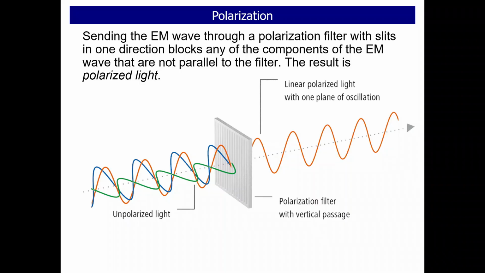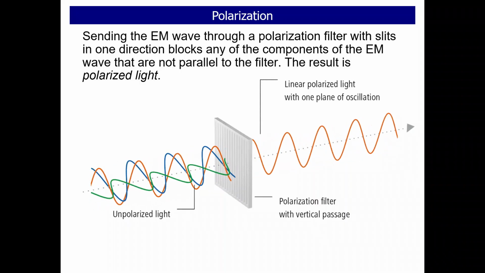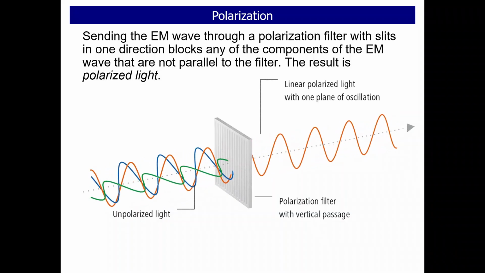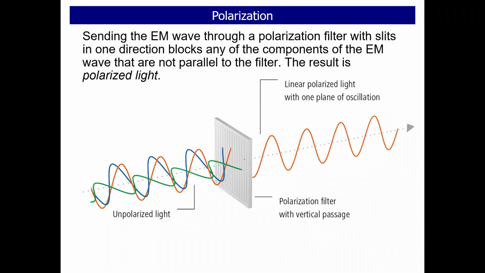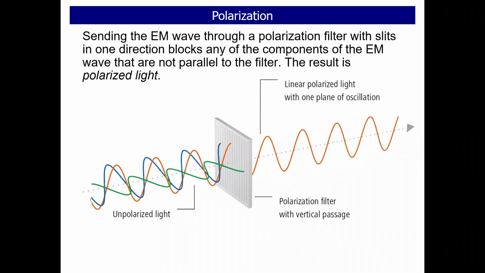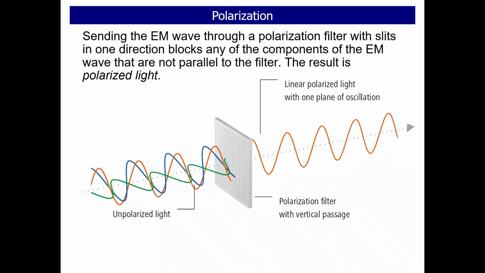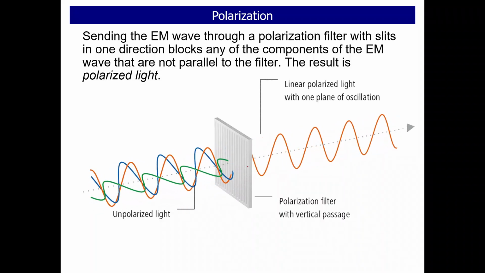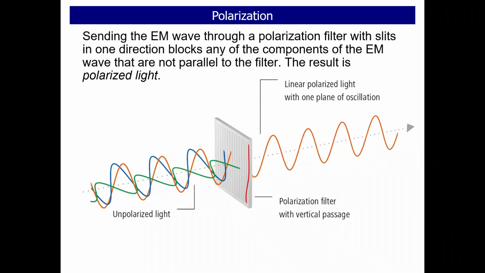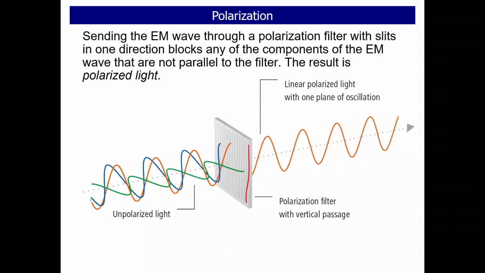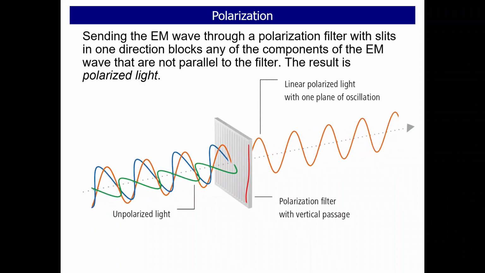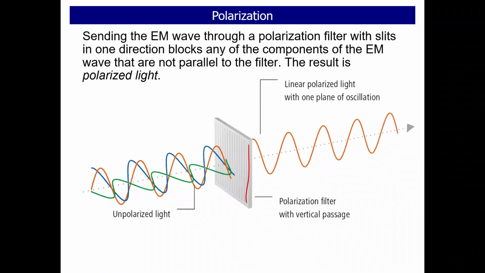So we've got this crazy unpolarized light that is coming through, and what ends up happening is that only the light that is oriented in the same direction as the filter gaps are going to come through. So we can see that it's the vertical portion here. So anything that is not exactly vertical is going to get blocked. So this is linearly polarized.